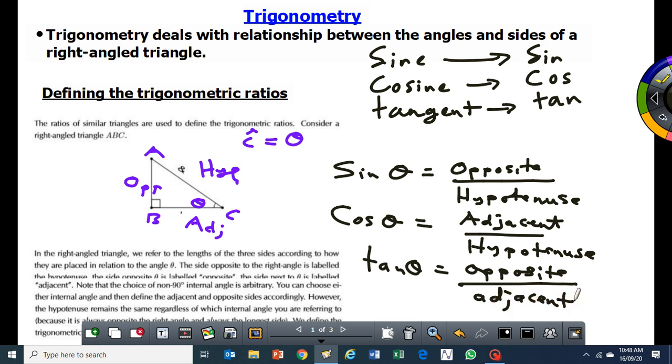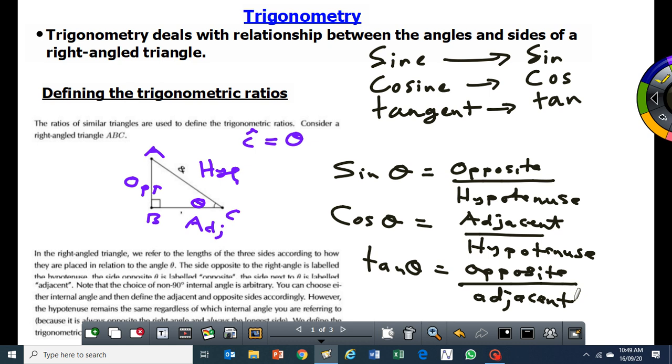Generally we use acronyms or simple abbreviations for this. Sine theta is equal to O over H. Cos theta is equal to A over H. Tan theta is equal to O over A.